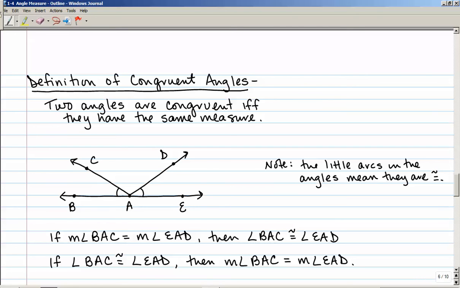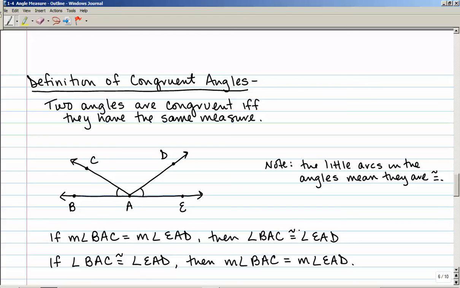So if the measure of angle BAC is equal to the measure of angle EAD, in other words, if this one's 30 degrees and this one's 30 degrees, then I can say that the 2 angles are congruent. Notice the notation here. If I have the little m out front for the measure, then I use an equal sign. If there's no little m, just the angle sign, then I use congruent.